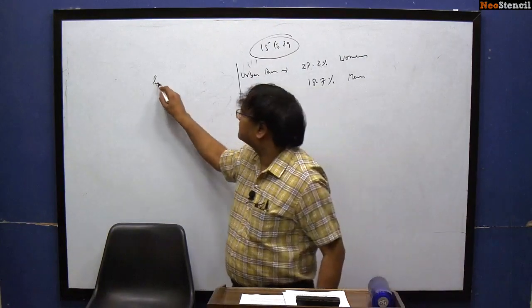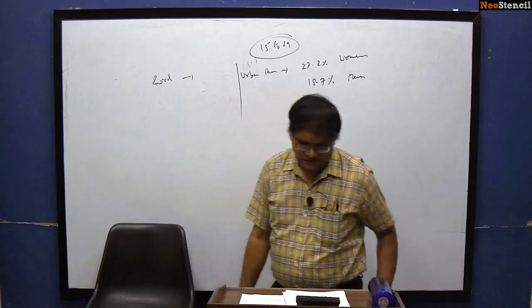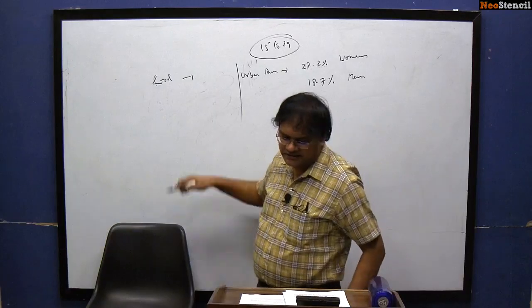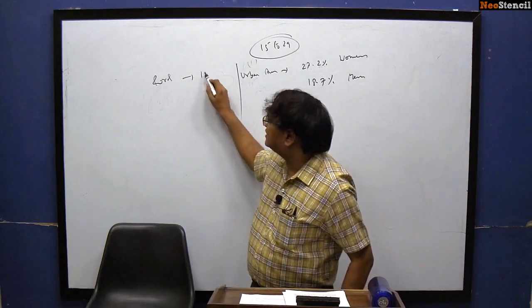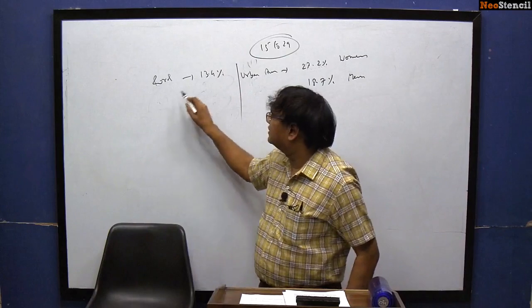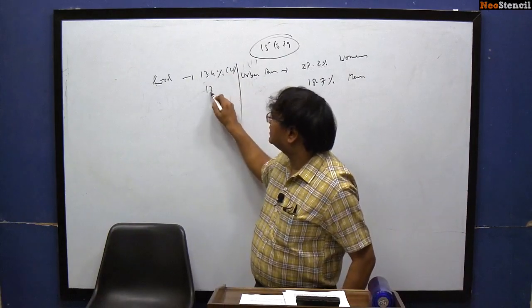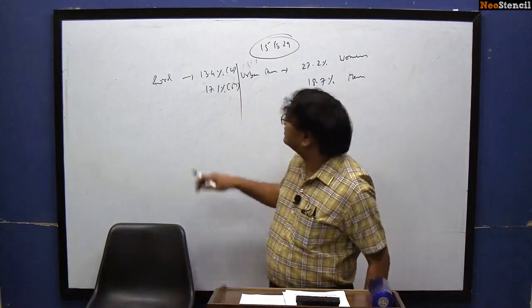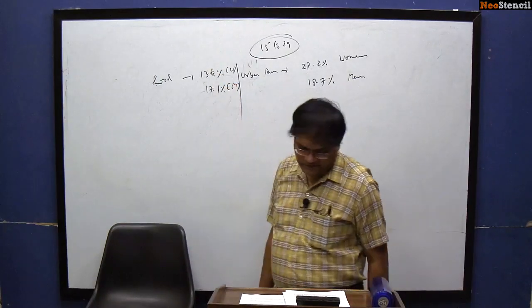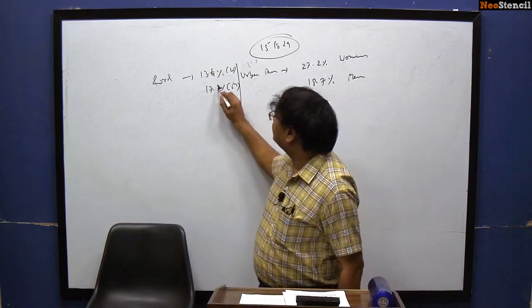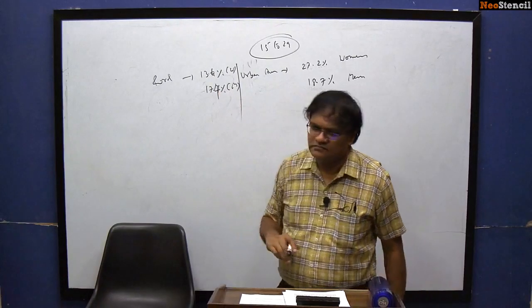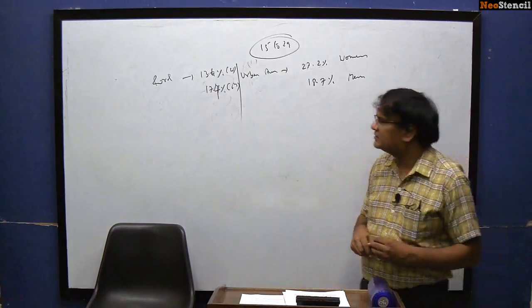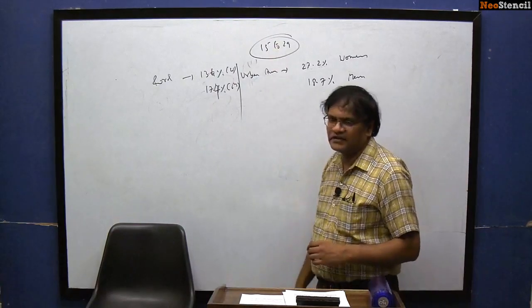When it comes to rural areas, it is 13.6% for women and 17.4% for men. So this is where the problem is, mostly in this 15 to 29 category.